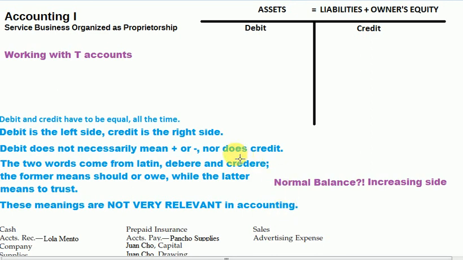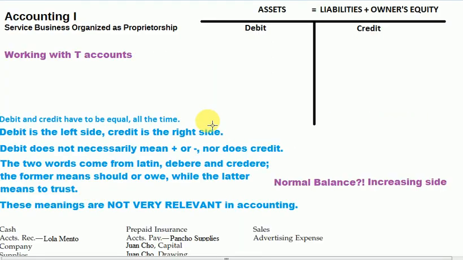It is relevant because after answering where it belongs, in which category, you'll be able to tell where the normal balance is, on which side it increases. Each of these accounts has a normal balance, a very specific one.